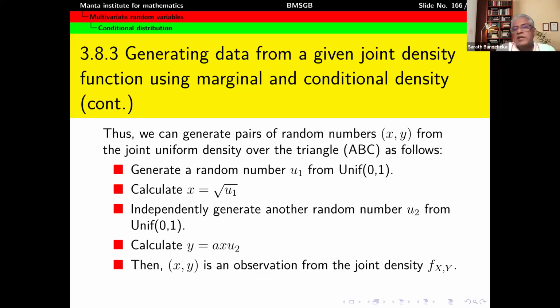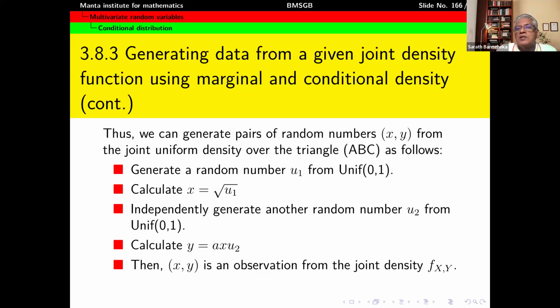Now, how do we generate the data from the joint density that we want, the density function defined on a triangle? How do we generate those x, y points? Using these two CDFs. One is the marginal CDF, the other one is the conditional CDF. Right.